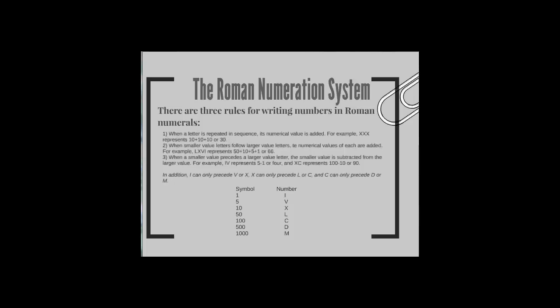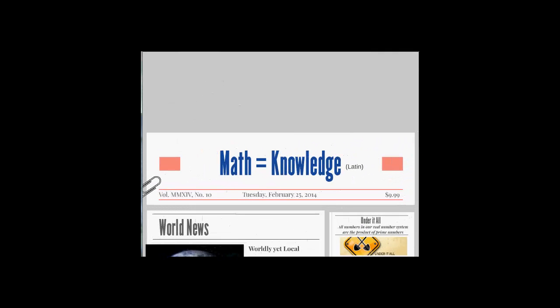So let's go back and see if we can figure out what the volume number is. Alright, we have MMXIV. If we said that M is 1000, right, so we have 2 M's, so that's 2000.